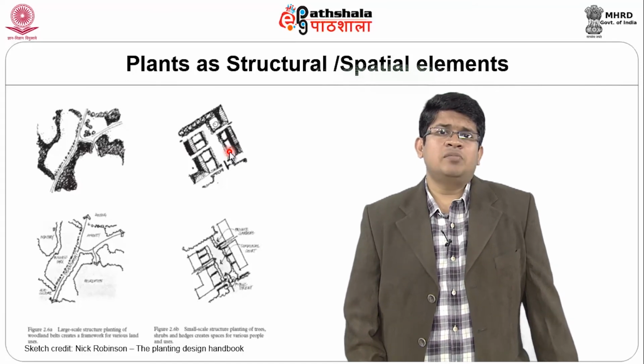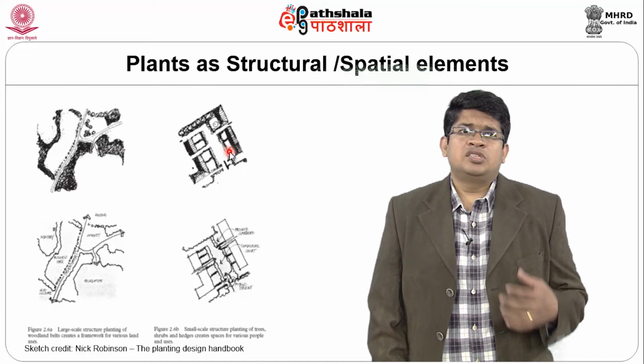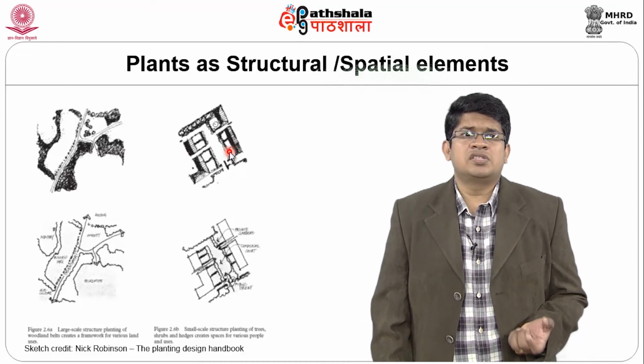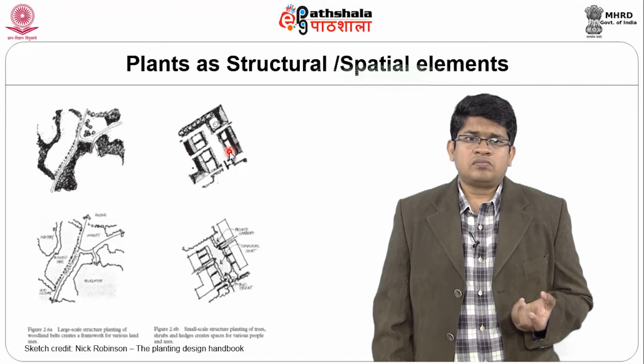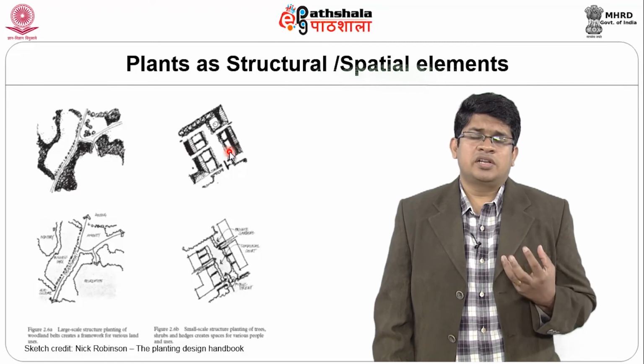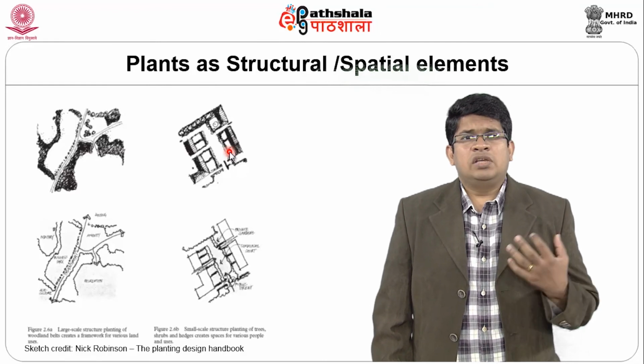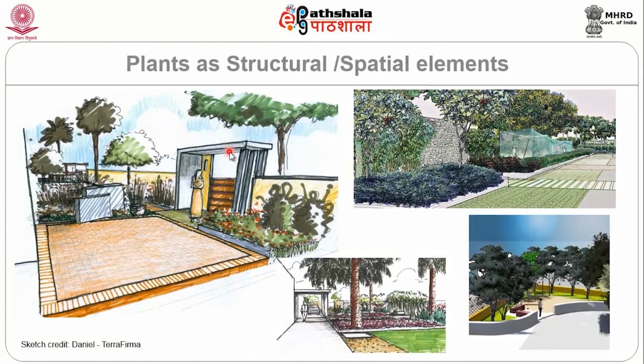So plants can be arranged in any way spatially, considering their structure, so that it creates the right kind of space for the user who is going to navigate or even live in that area.